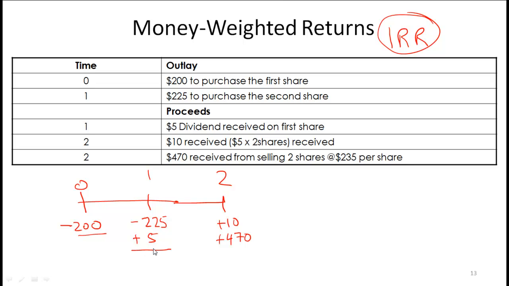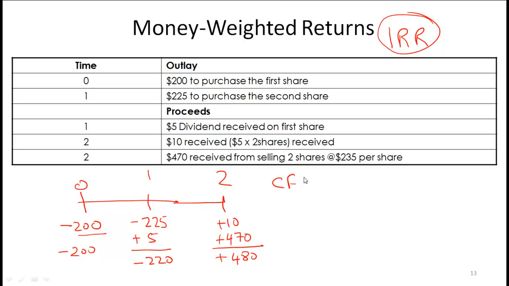So what's your overall proceeds for the 2 years? At the beginning, you just invested 200. After 1 year, you invested 225 but got a dividend of 5. So your net amount is minus 220, and at the end of year 2, you receive 480. So you plug this into your calculator.